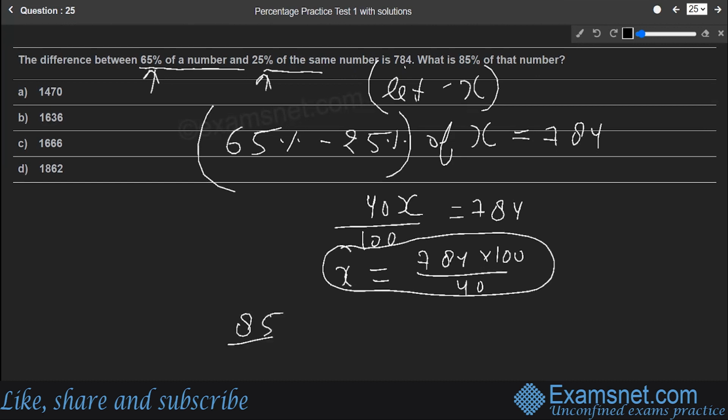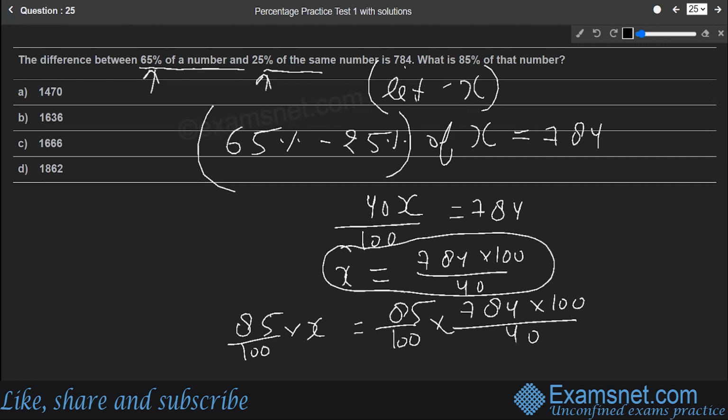So we are supposed to calculate 85 upon 100 of x. That is nothing but 85 by 100 of the x value, with x expressed as 784 into 100 divided by 40. So clearly we need to solve this particular expression and that will ultimately give us 85% of the number.